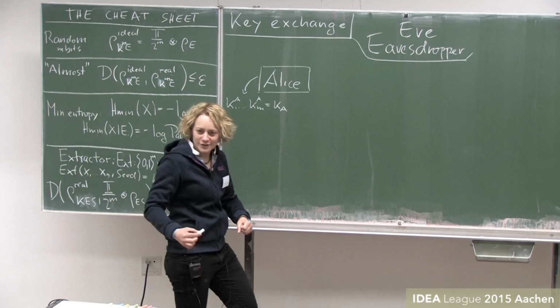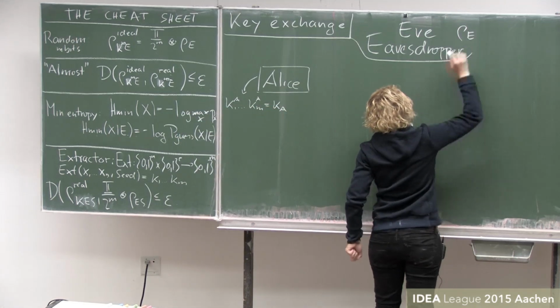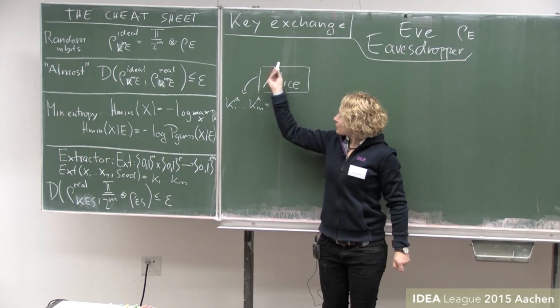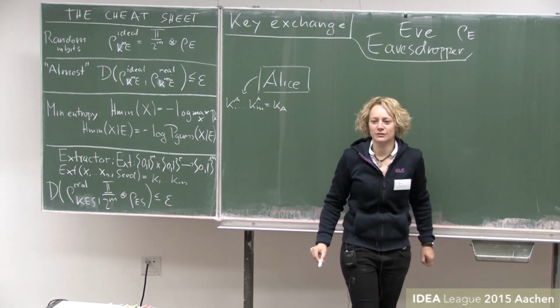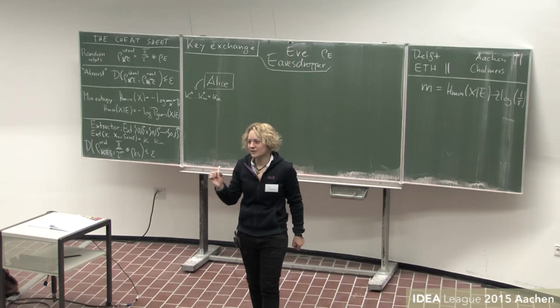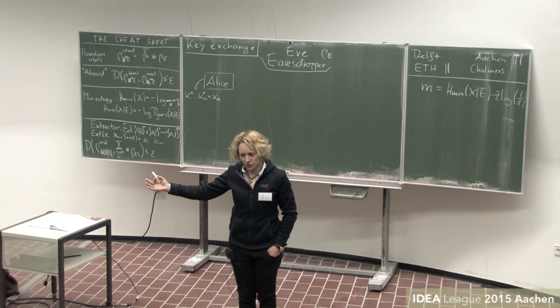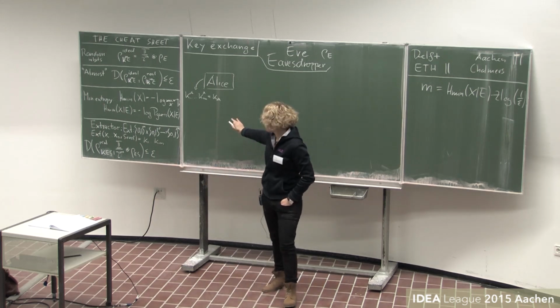So for this talk, you should be thinking that Eve has rho E. And if we want to make random numbers, we were concerned that this is uniform and uncorrelated from Eve. In other words, this means that Eve does not know the outcome of this random process. Eve does not know which bits Alice has produced.